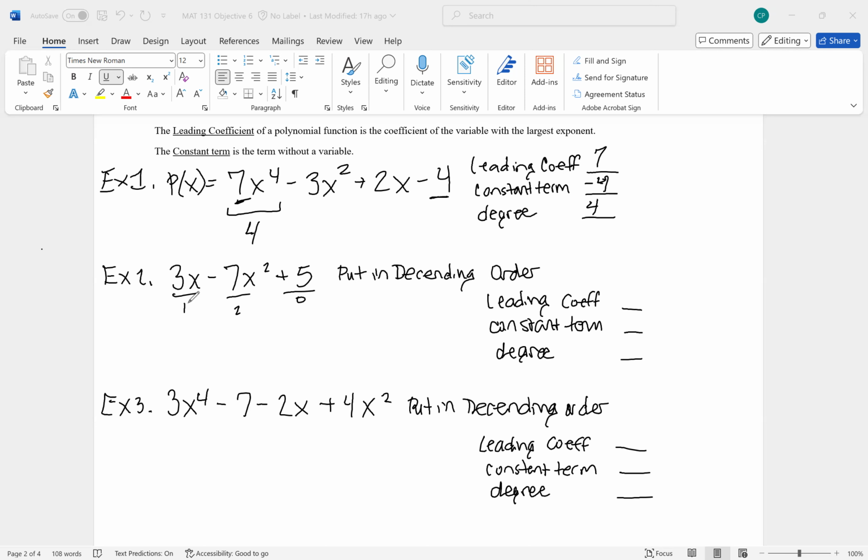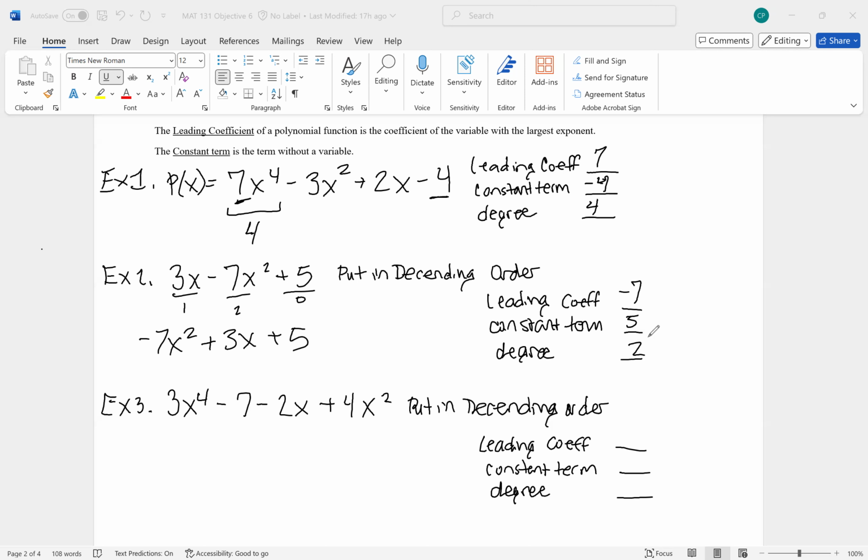So we have to put it in order from greatest to least, okay? So the -7x squared goes first, then it's the plus 3x, and then plus 5, okay? Now that it's in descending order, we see that the leading coefficient is -7, the constant term is 5, and the degree is going to be 2.